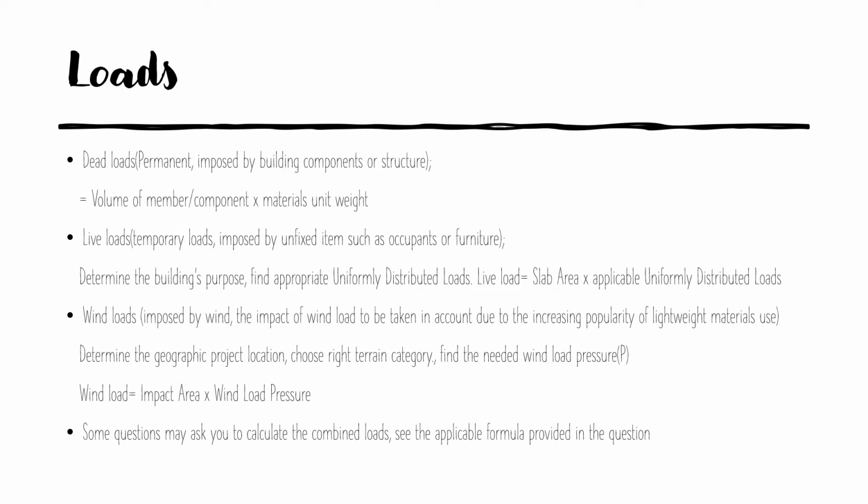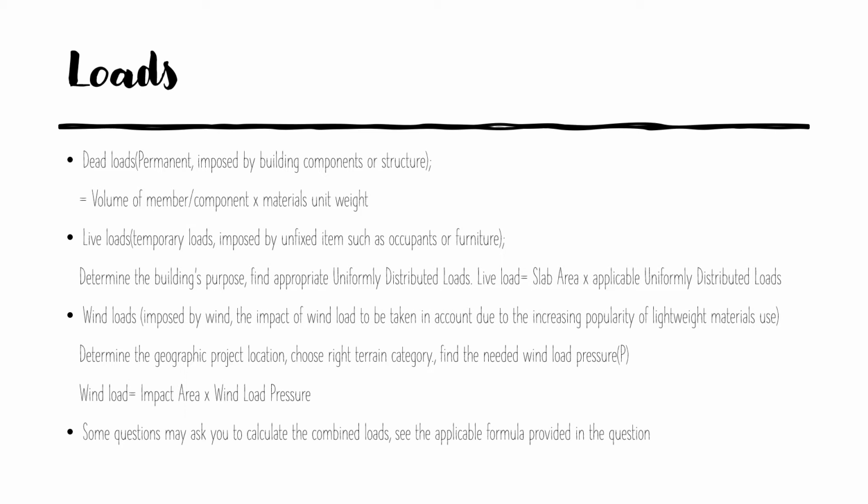Secondly, we have the live load. The live load is a temporary load imposed by unfixed items such as people occupying the building, furniture and appliances. Similar to the dead load, the reason why the live load is temporary is that the people or furniture imposing this load can be easily replaced or removed.